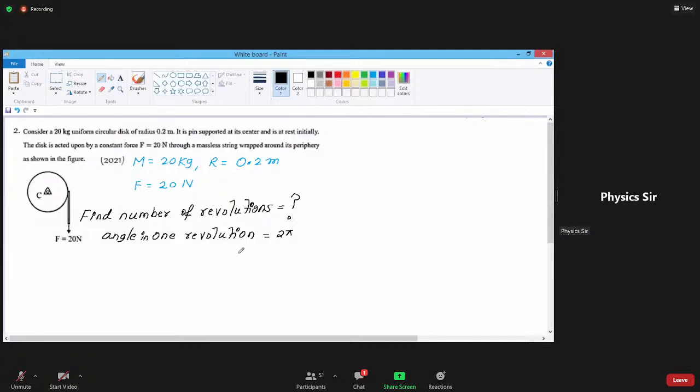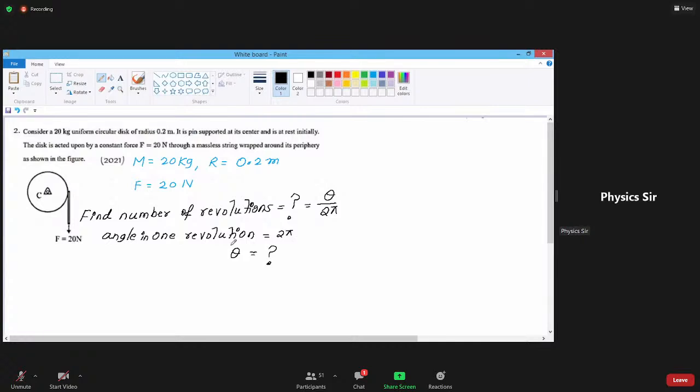So if I can calculate theta, the angular displacement, then we divide it by 2 pi. Suppose the value of theta comes to 4 pi, then 2 pi is 1 revolution, so 4 pi is 2 revolutions.